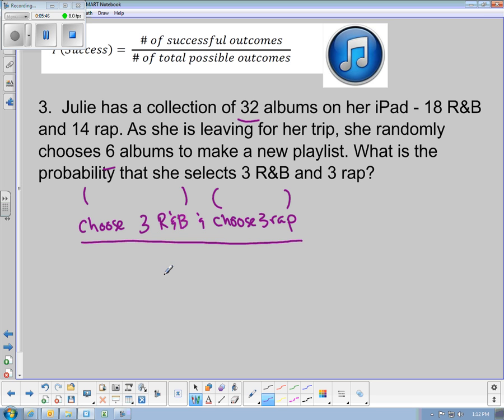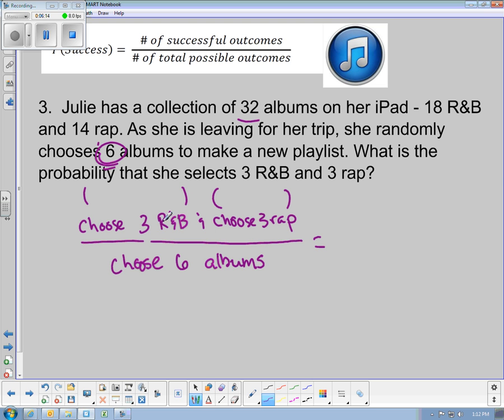Then I can also think of the total. Choosing 6 total would be the total number of ways because she's picking 6 things. Choose 6 albums. So now let's think about what we need to set up to get all of those numbers.